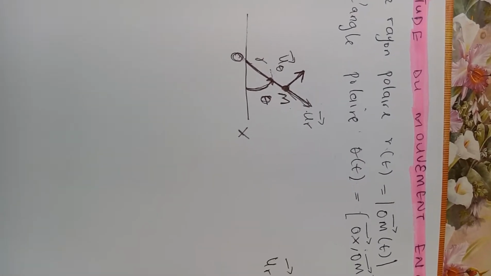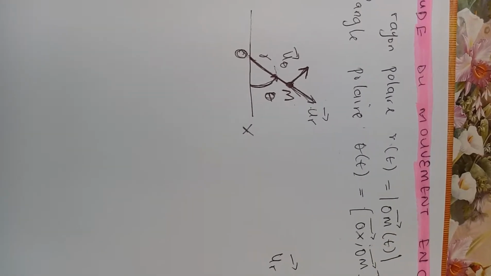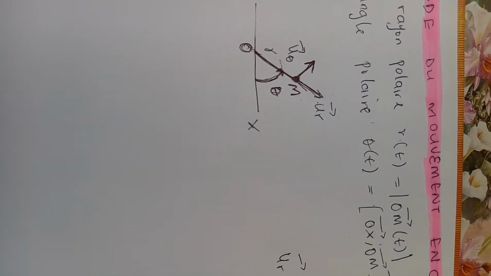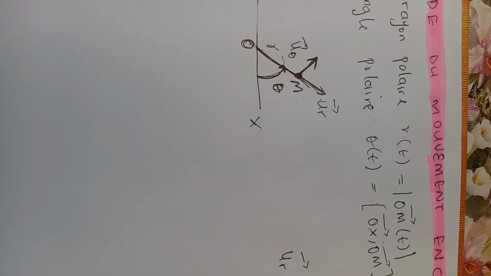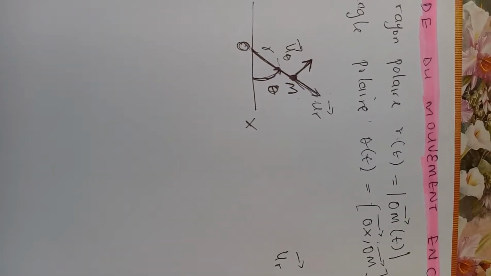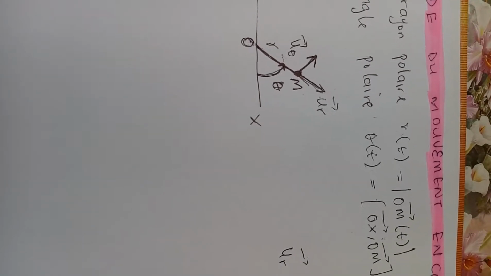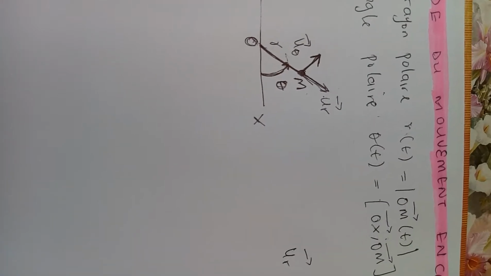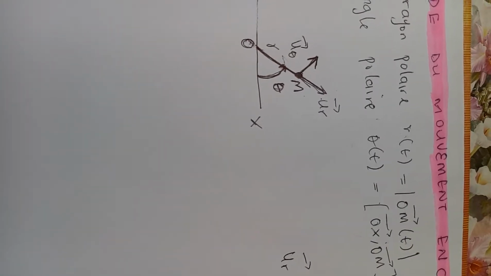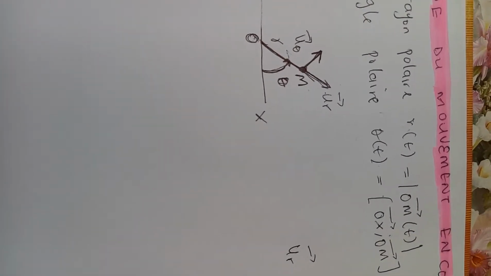So I repeat, we have two vecteurs unitaires, u_r and u_theta. u_r is in the direction of OM, and u_theta is obtained by rotation of u_r.